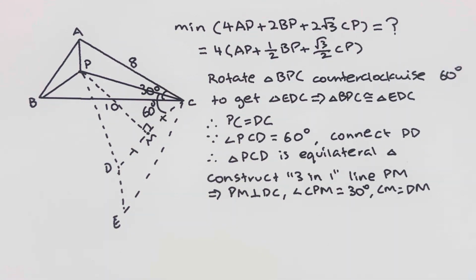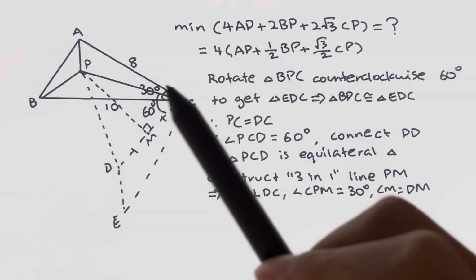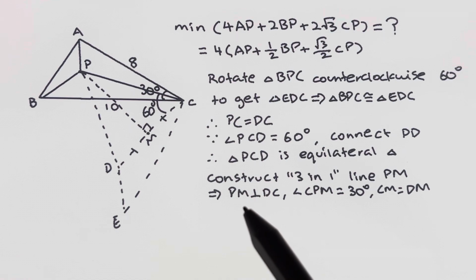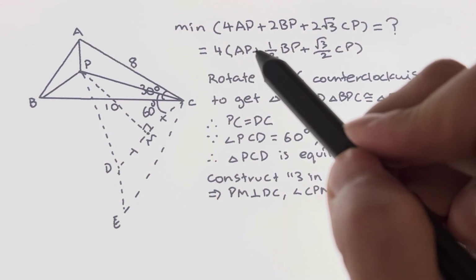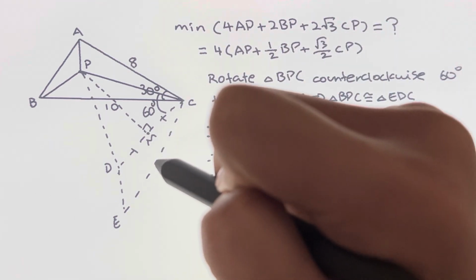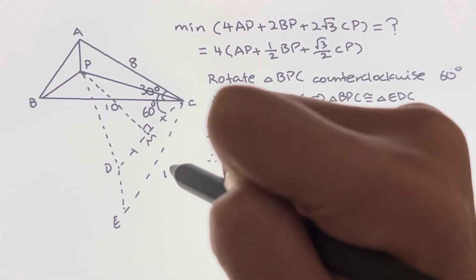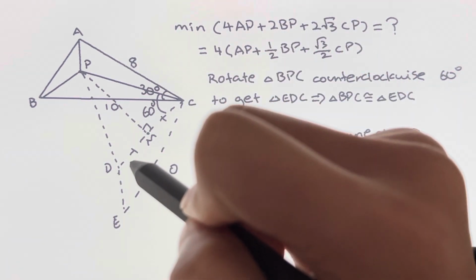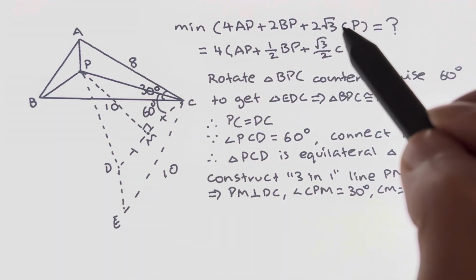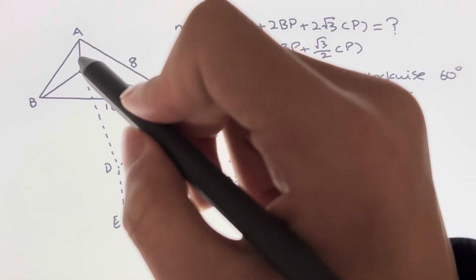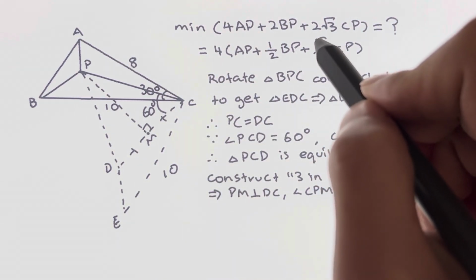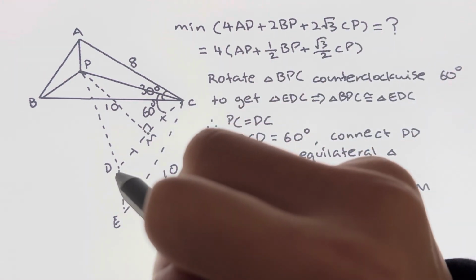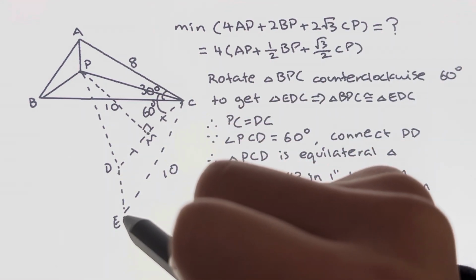Now, we have to observe these ratios. AP right now does not seem to be part of this. However, by the rotation, here we have CE equals 10. And then we also have CP equals CD, and we have BP equals DE. To get the 1/2 BP, well, 1/2 BP will equal 1/2 DE. How do we get 1/2 DE? Well, DE is the side of the triangle, right?